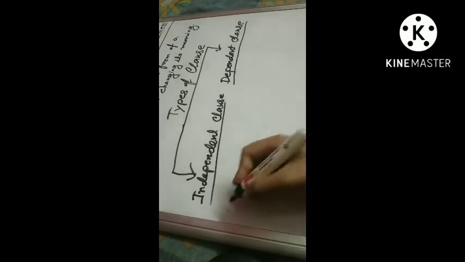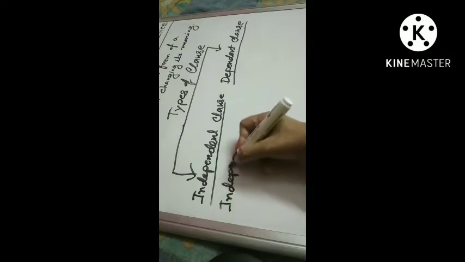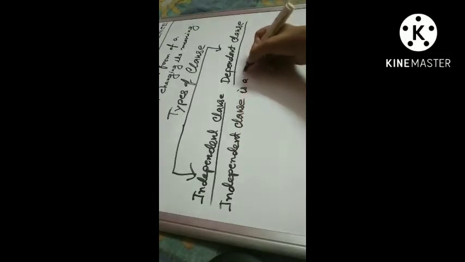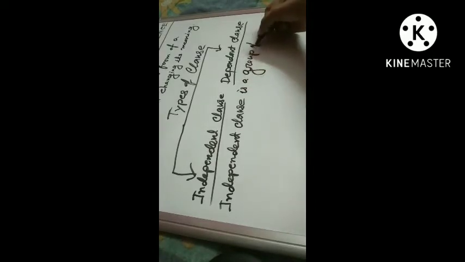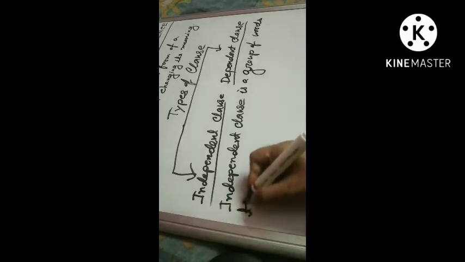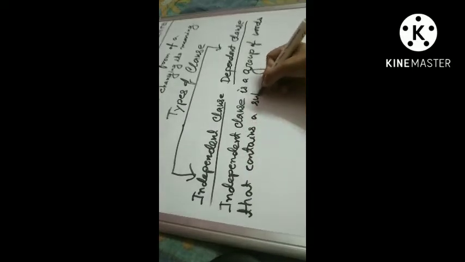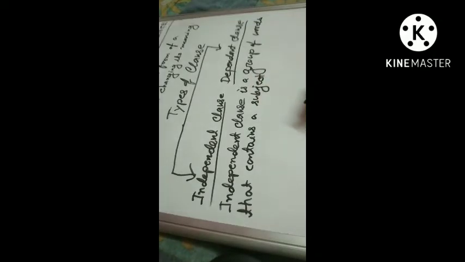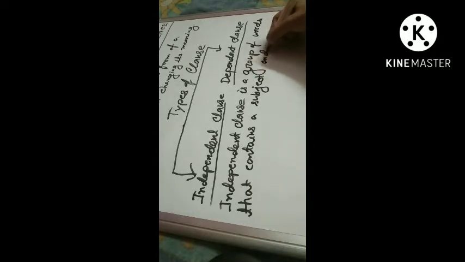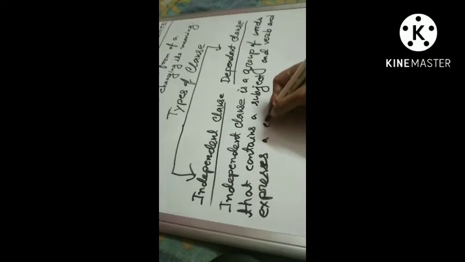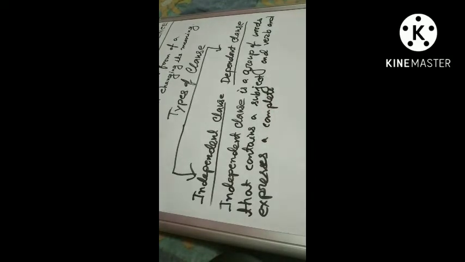Independent clause is a group of words that contains a subject and a verb and expresses a complete thought.